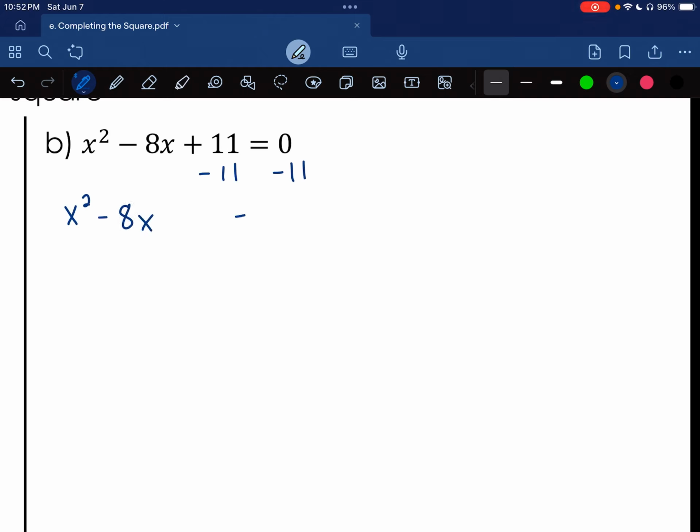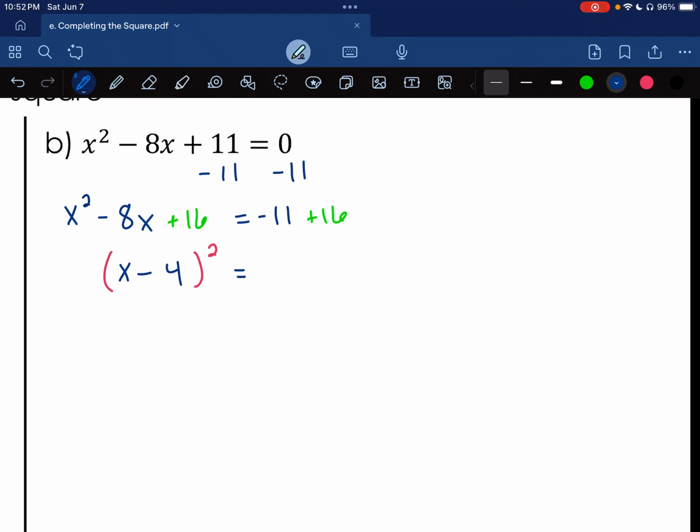We're going to add that half of b squared, which in this case is going to be 16, to both sides. We know that this is going to factor perfectly as one binomial squared because we manipulated it so that it would happen that way. So we've got x minus 4 quantity squared is equal to 5.